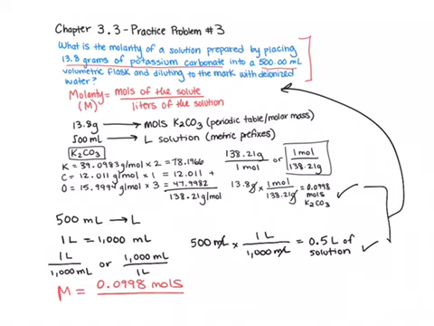So we calculated that as 0.5 liters of solution. If you plug that into your calculator, you should get 0.1996 molarity. So this is what we were trying to solve, and we calculated the molarity of the solution.